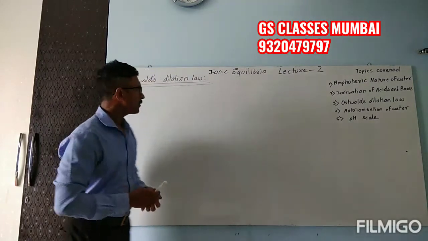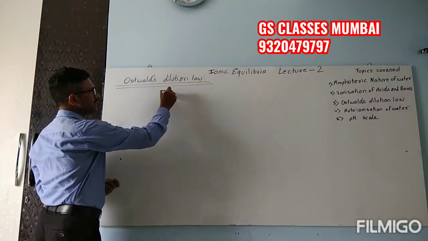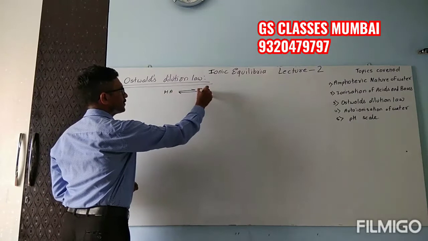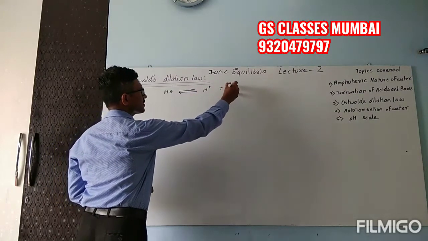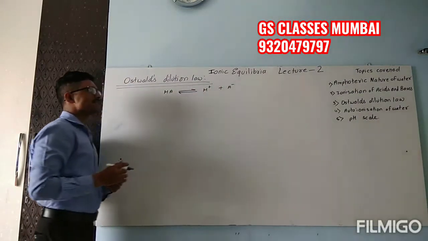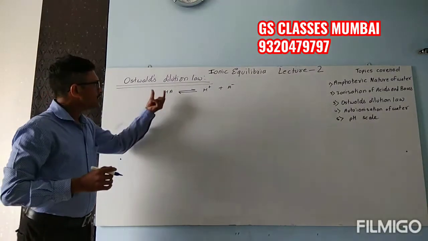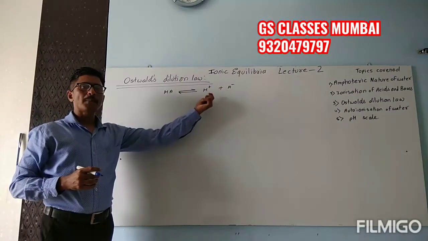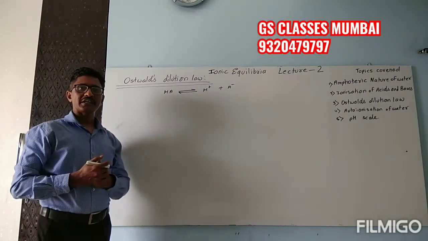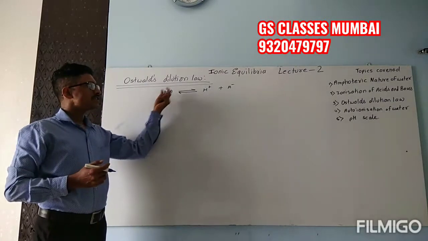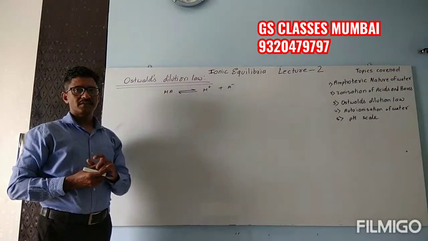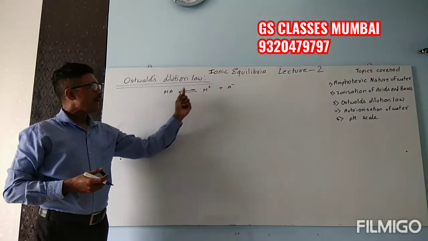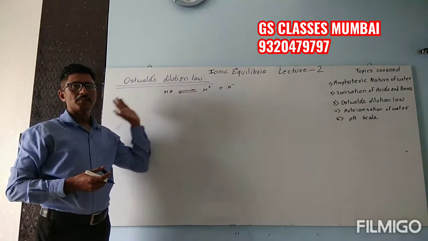So let's see about it. Suppose the acid HA is there, and if it is a weak electrolyte, it will split into the ions and equilibrium will be established. HA is splitting into H plus and A minus ion. They are again combining and coming back to the HA. So association and dissociation. Associated form, dissociated form. And equilibrium has been established.